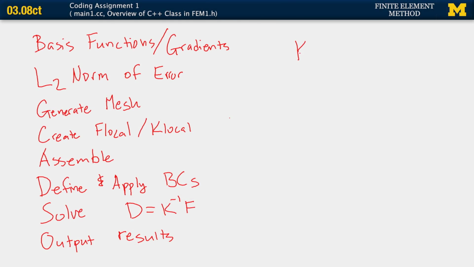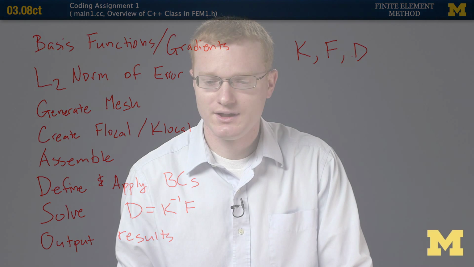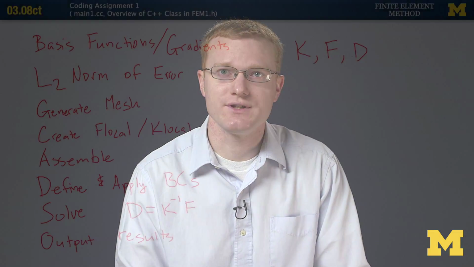So these are some of the functions that we would have. Some of the data objects we've already mentioned: we'd need our stiffness matrix K, and F and D as well, our forcing vector and our solution vector. We would need some sort of object that relates our local degrees of freedom to our global degrees of freedom.